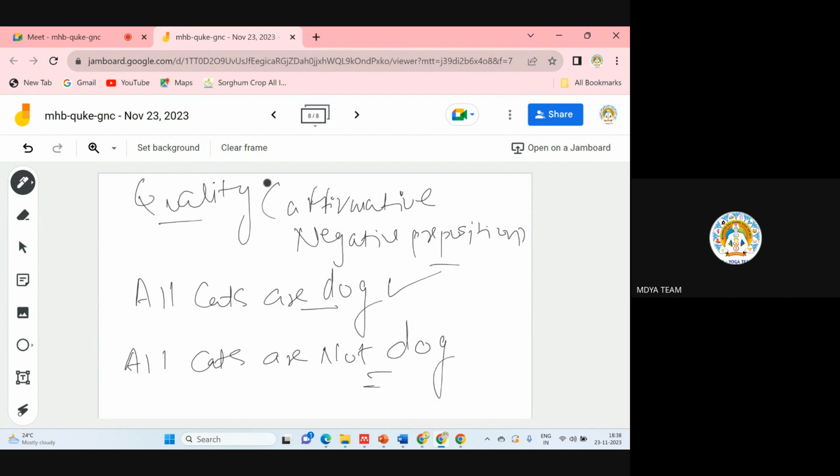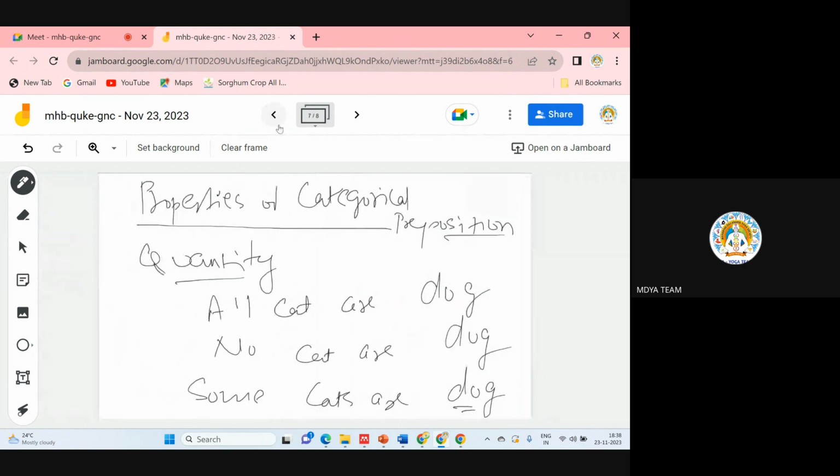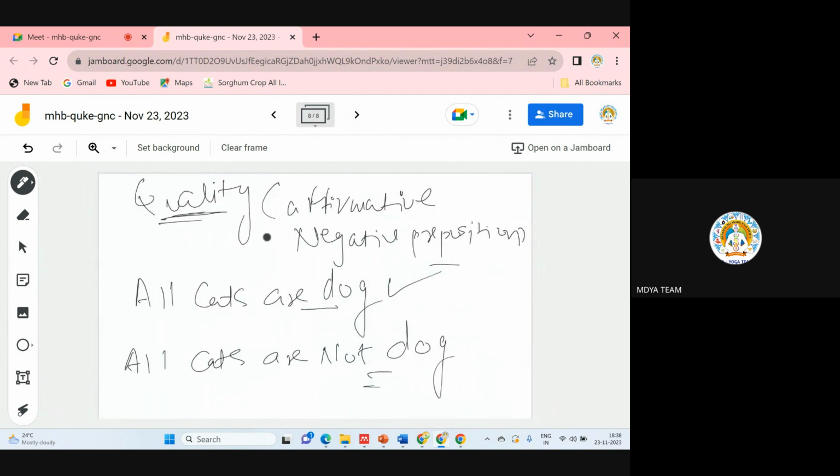So if we talk about quantity, quantity is telling how many subjects are there. And quality is telling about the relationship between subject and predicate. Like all cats are dogs is an affirmative statement, and a negative statement is also there.